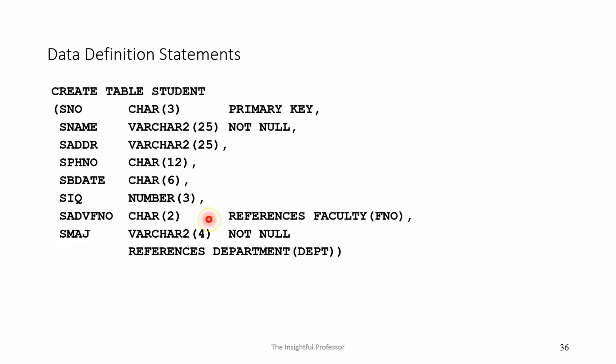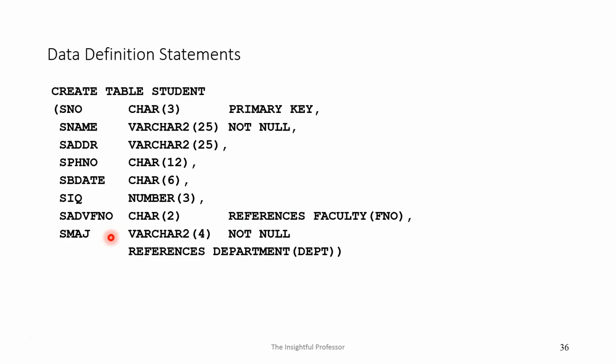This is a foreign key. Each faculty member may advise many different students, but a given student is advised by exactly one faculty member. So this identifies the faculty advisor, a row in the faculty table, for this particular student.